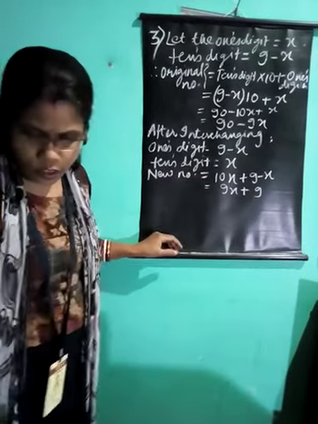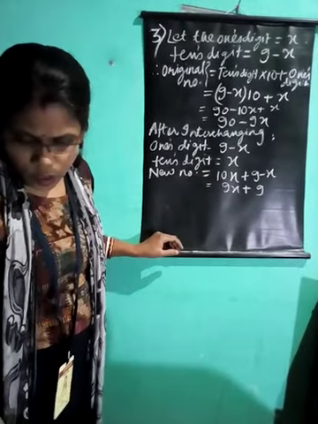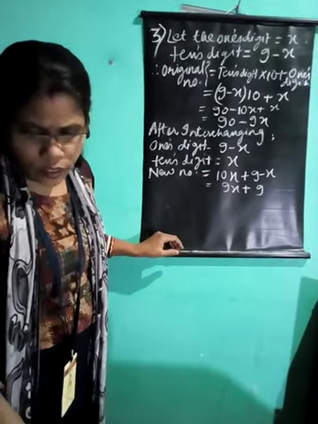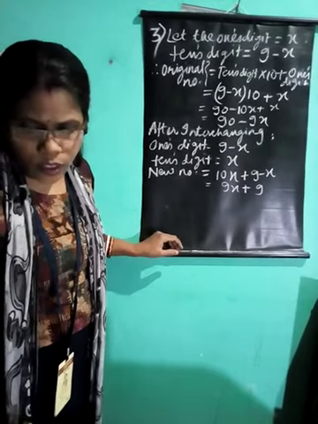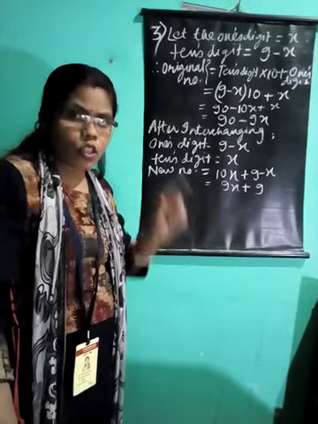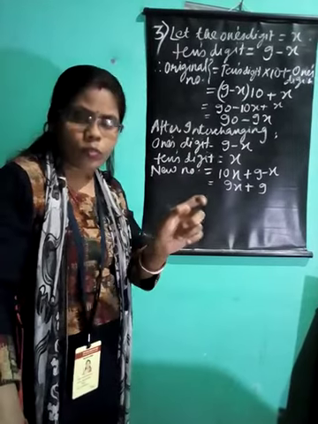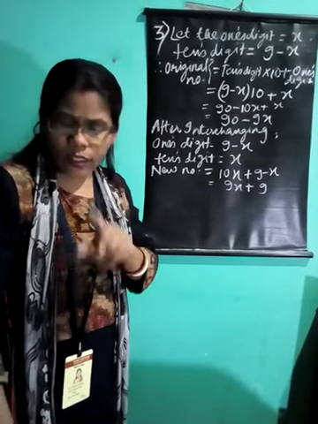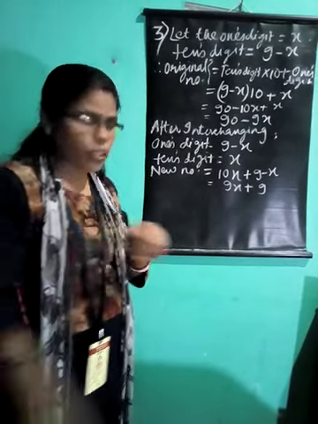Now what is said for the relation? See here. It is found that the resulting new number is greater than the original number. Means new number is greater. So new number is equal to what? Greater than the original number by 27.